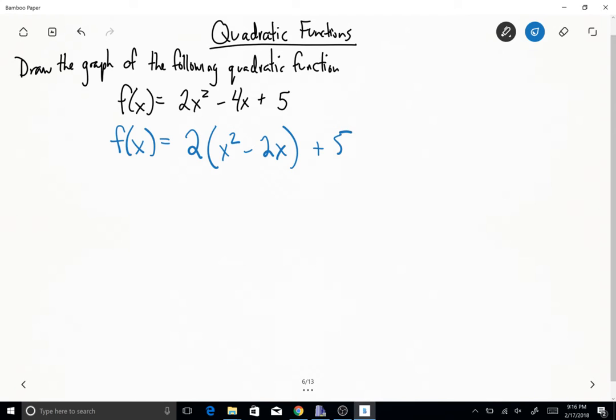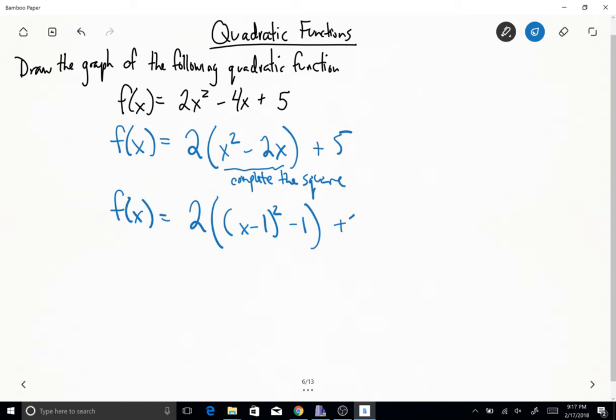And why would we do such a thing? Well, now we can complete the square of that inner term. So what we get is f of x equals 2 times x minus 1 squared. Notice that gives me x squared minus 2x, but then it adds 1, so I have to subtract 1 here, and then plus 5.